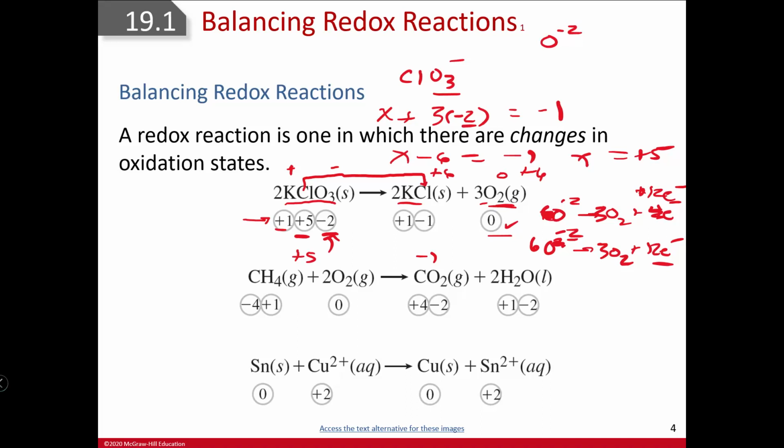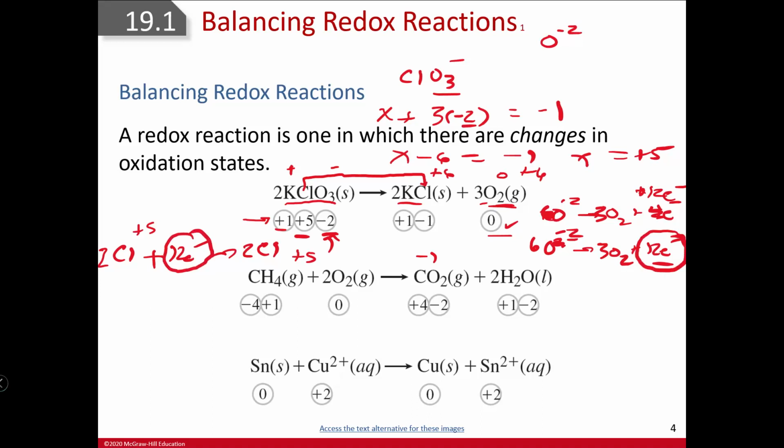So you'd have chlorine at a +5 oxidation state, and you've got 2 of those, and then it gains a total of 12 electrons, and that becomes 2 chlorines. All right. So each chlorine gains 6 electrons. You have 2 of them. So that matches. This is important, that how many electrons you lose, you also gain that amount.